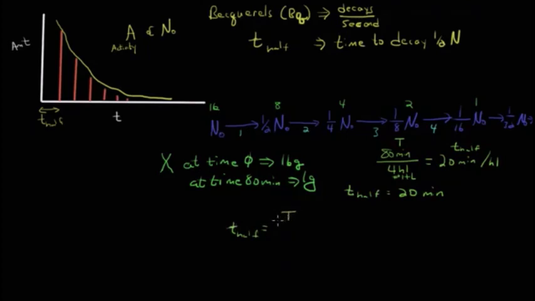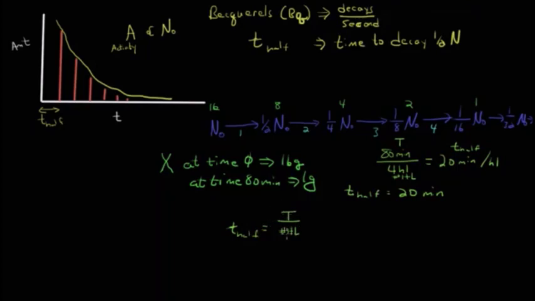So T, the half-life, equals the time over the number of half-lives. So if you know 2 of these, you can figure out the other one. If you have the number of half-lives and you know the half-life of that element, you can figure out how long it'll take to go through that number of half-lives. You can figure out, as we did, the half-life of them, or you can figure out the number of half-lives given the time and knowing the half-life. So this is a very good equation to know.